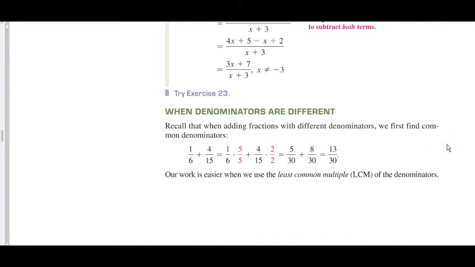Now, when the denominators are different, as I showed in the initial slide of this section, if you have something like 1/6 plus 4/15, you can't add these numerators together because this 1 doesn't signify something equivalent to a 1 on this side.